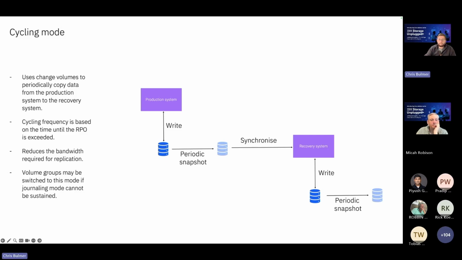And instead of pushing back onto the application and causing higher response times, we want to just extend the recovery point. We don't want to cause application performance problems. So we can switch those volume groups for the hour or two that these batch workloads are running to this particular mode. And those batch workloads will complete. It will complete its synchronization and then switch back to journaling within a couple of hours.